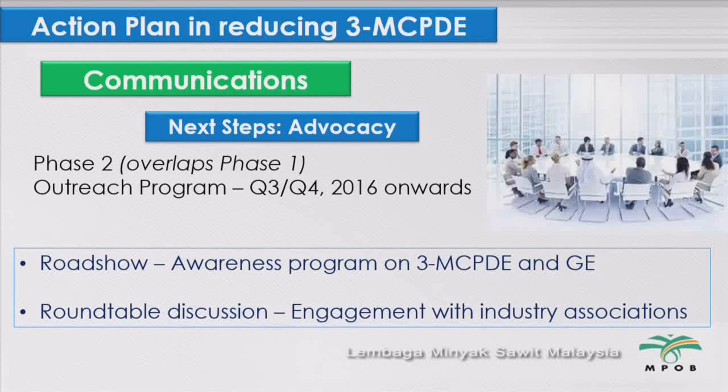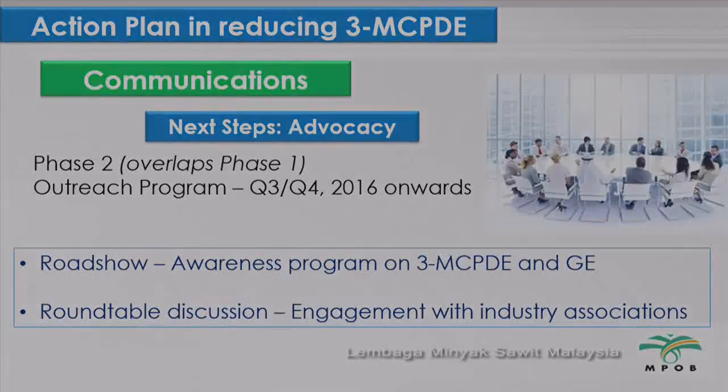So this roadshow is necessary, along with discussion and engagement, which we did early on. In the first round, we discussed where we want to go and at what level of 3-MCPD we want to achieve. That is what we did in July, and we will continue every now and then.